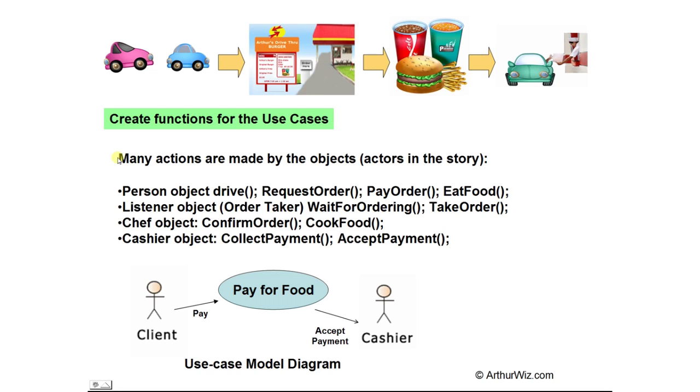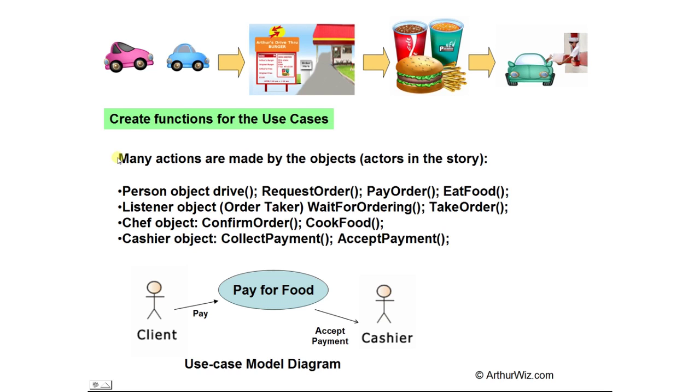And many functions are made by the object itself, which is the actors in the story. For example, a person object can do some actions like drive(), request order(), pay order(), eat food(). And the listener object, that is the order taker, can do actions like wait for ordering() and take order().